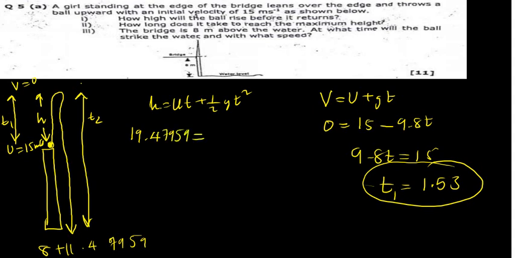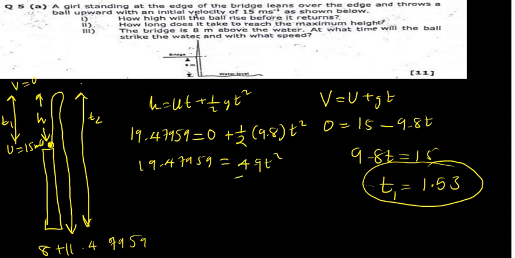And that is equal to the initial velocity times t. Now in this case we are taking this as the initial position, so the initial velocity there is 0, and 0 times t is still 0. G is going to be positive because we are moving down. So 19.47959 is equal to half times 9.8, that is 4.9 t squared.